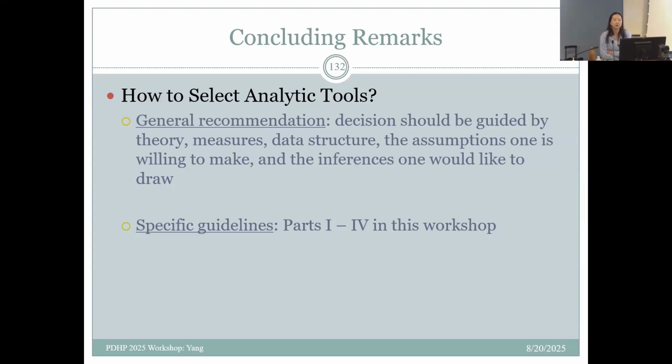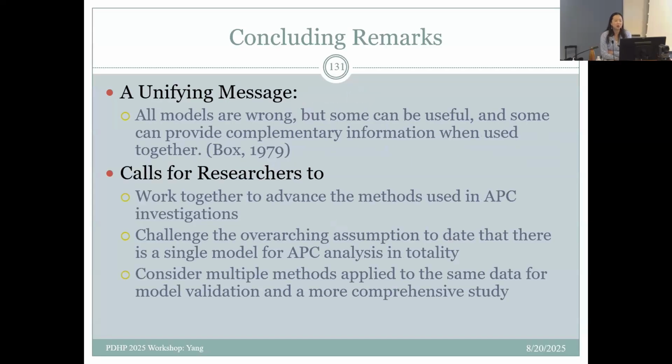Some problems with the previous critiques or dissatisfaction with the APC analysis occur because they made the assumption that there's only one model, one kind of data for APC analysis, and they mismatch the model to the data structure, and that's not optimal.